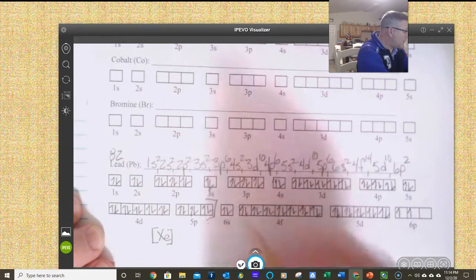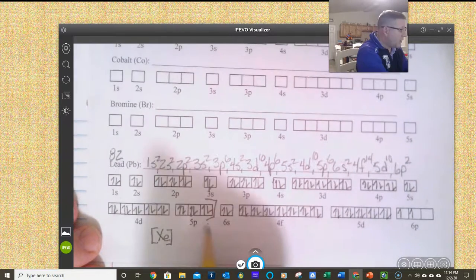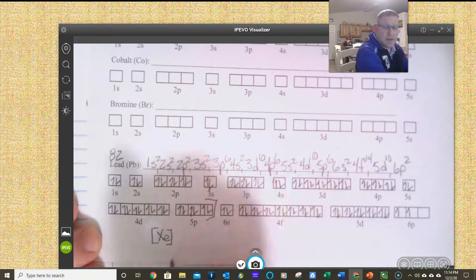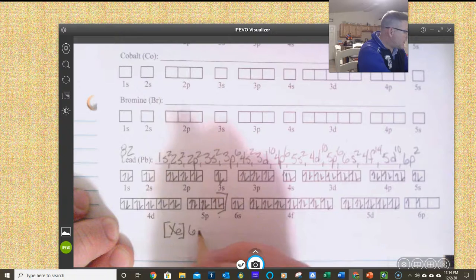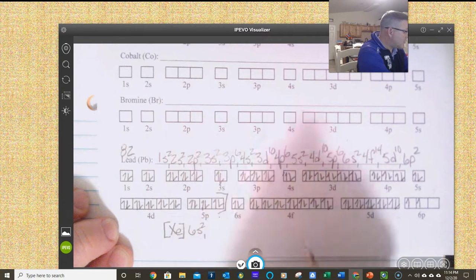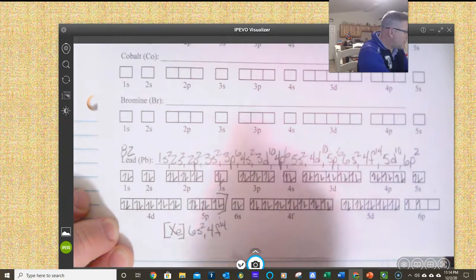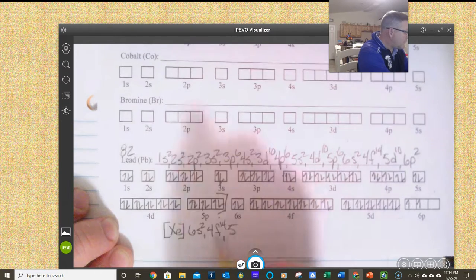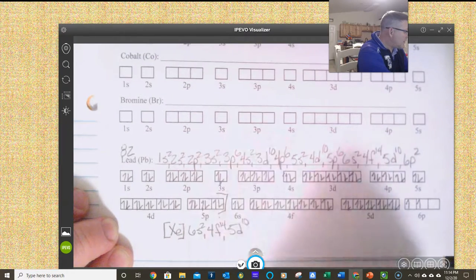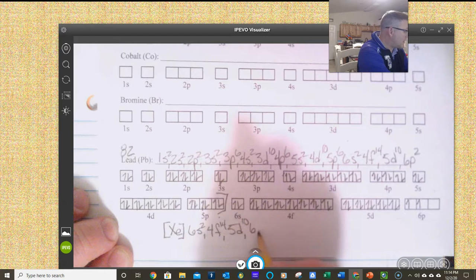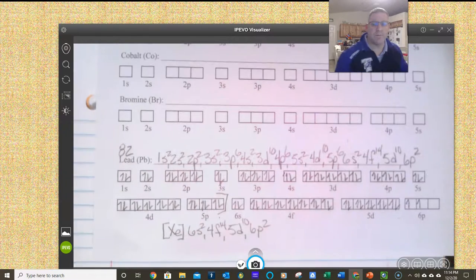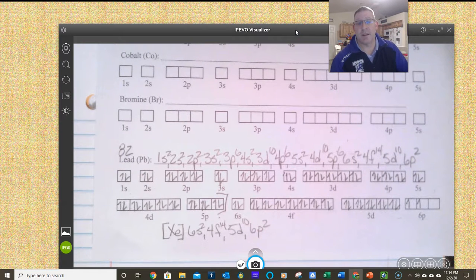So that is where xenon is at. And I write everything after xenon, which would be, once again, 6s2, 4f14, 5d10, and 6p2. And that is the abbreviated orbital filling diagram, or the abbreviated electron configuration for lead.